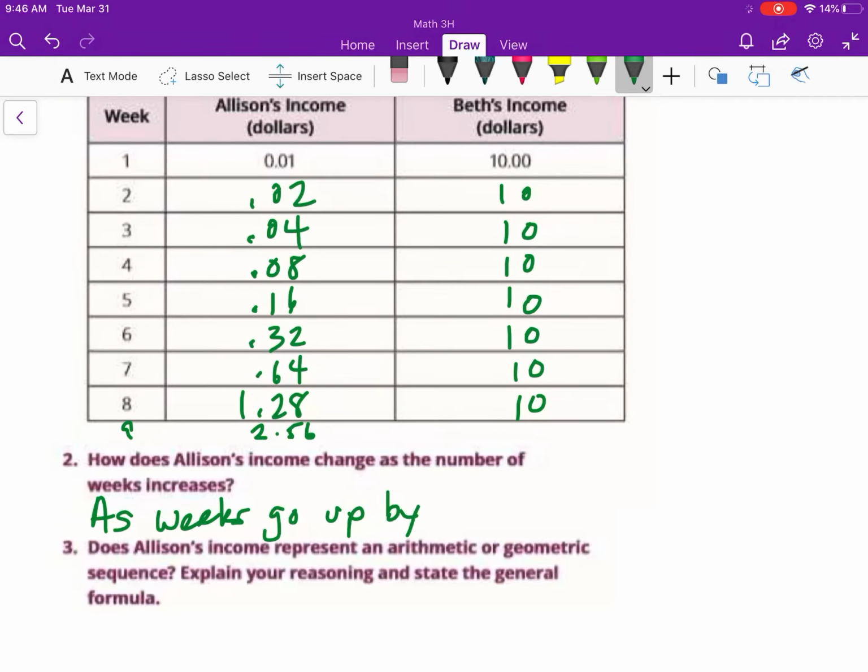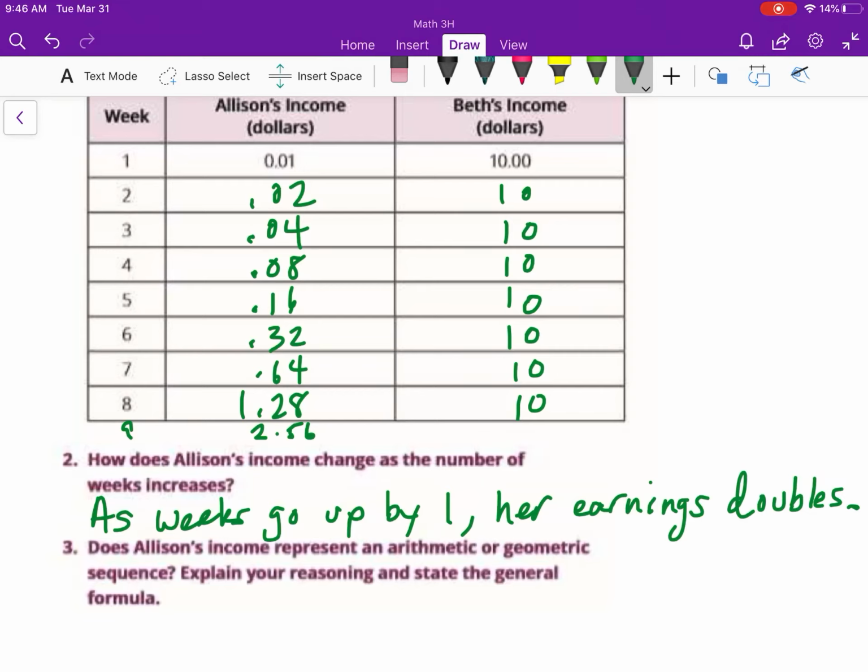I should have said increase, but for now you'll get it by 1. Her amount, her earnings. Yeah, earnings is good. Her earnings doubles.